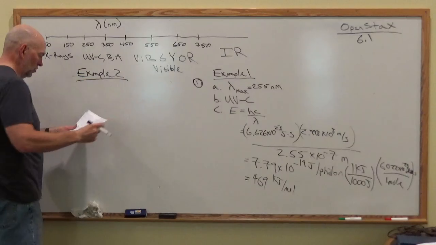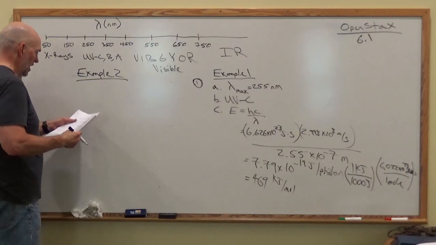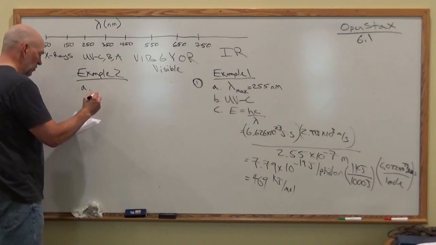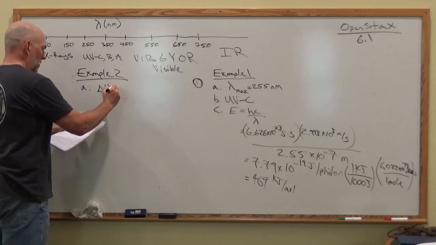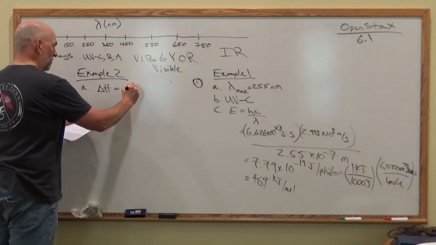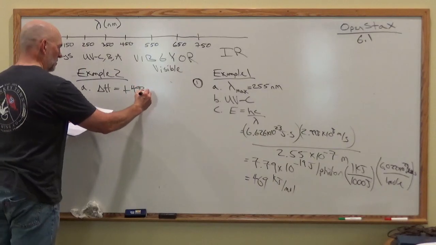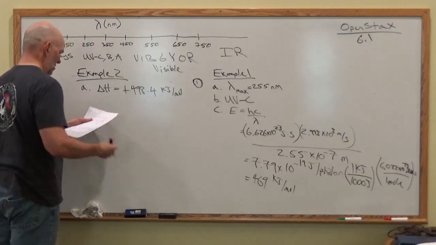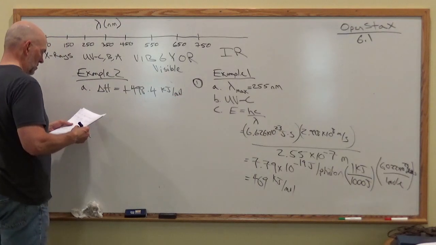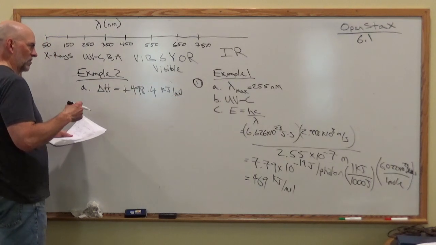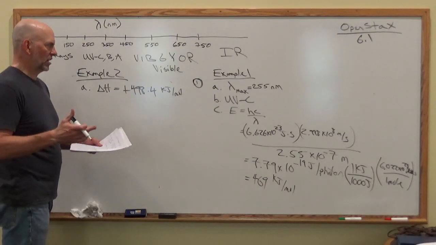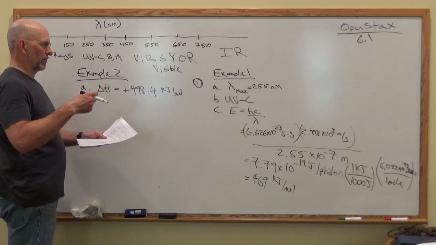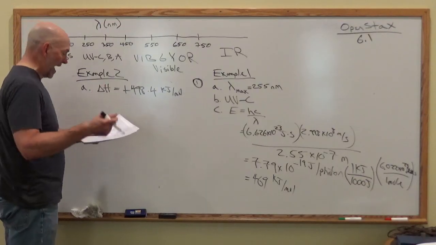So example 2, I'm going to use the enthalpy of positive 498.4 kilojoules per mole. I need the energy in joules per photon, so I have to go backwards here.